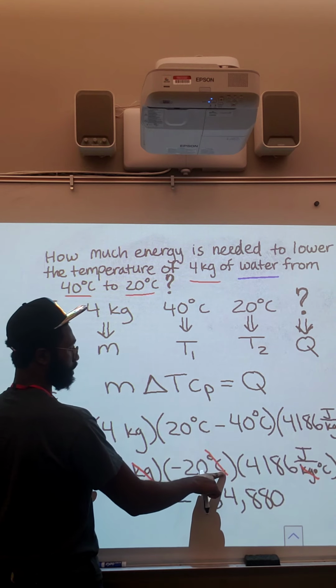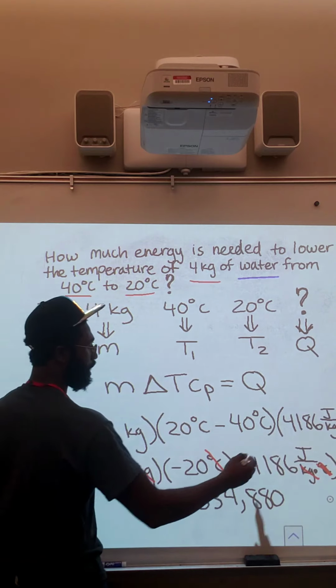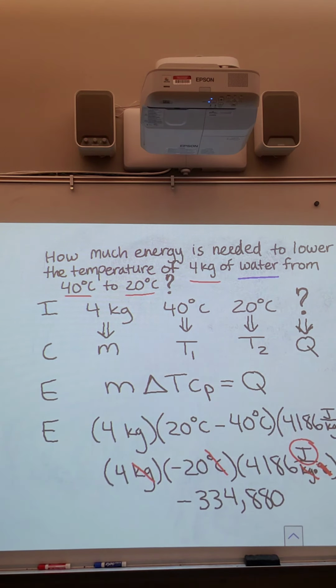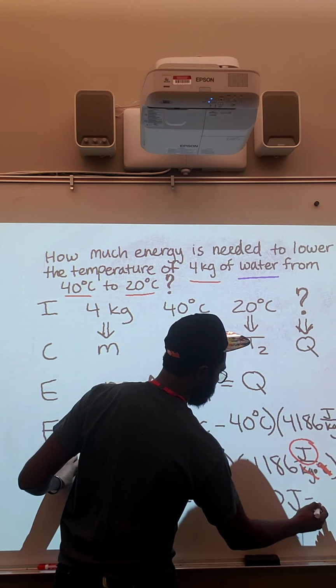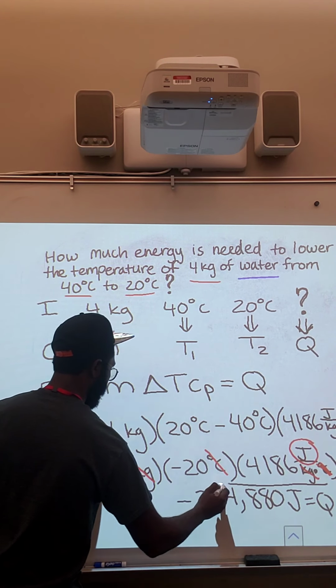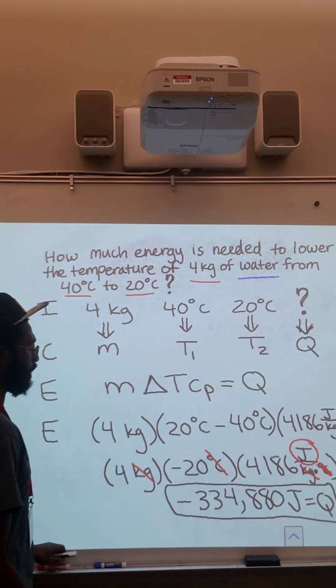This degrees Celsius in the numerator is going to cancel out with this degrees Celsius down here in the denominator. And we're going to be left with a unit of joules. So let's write this here: joules equals Q. Let's box this out, and that's our final answer.